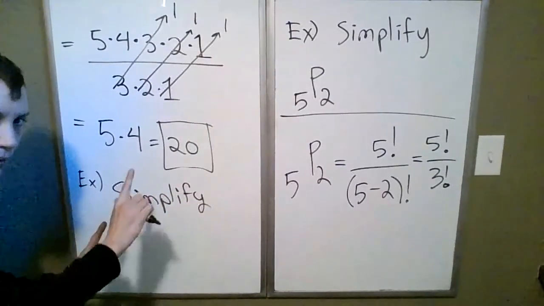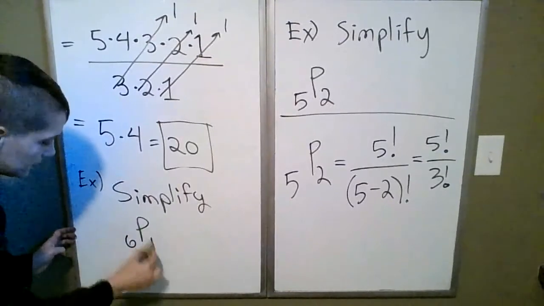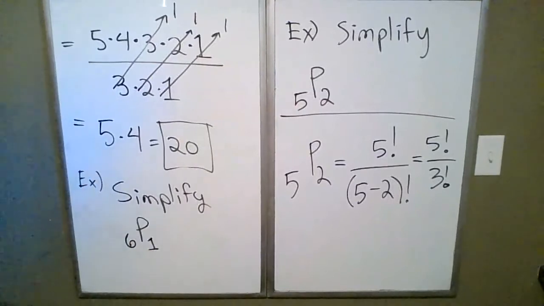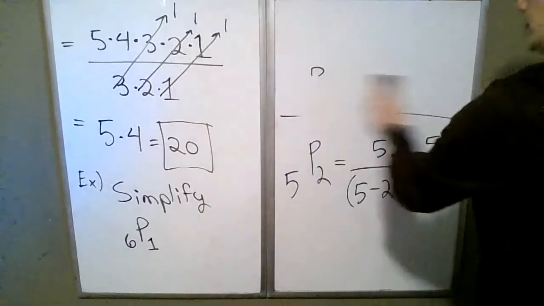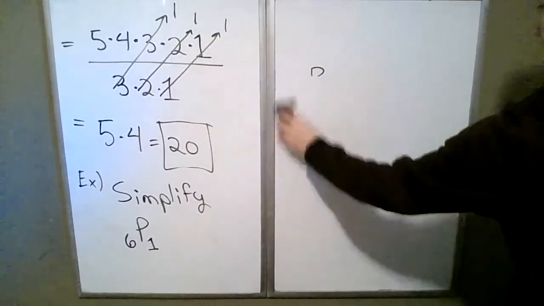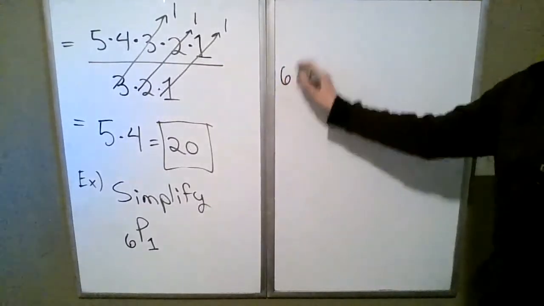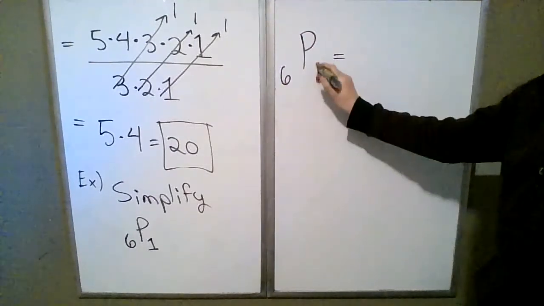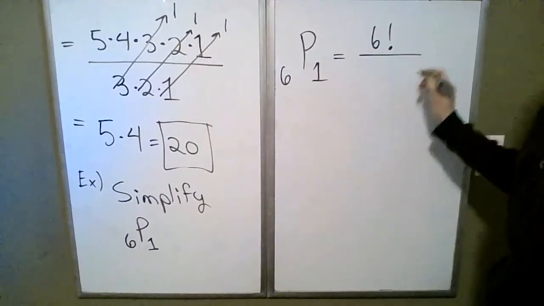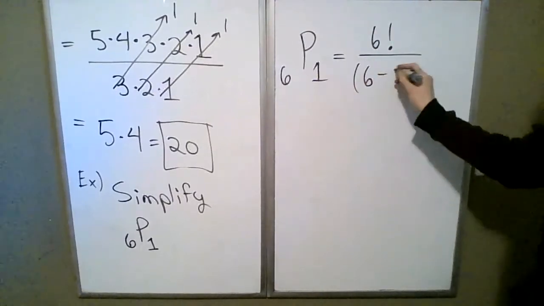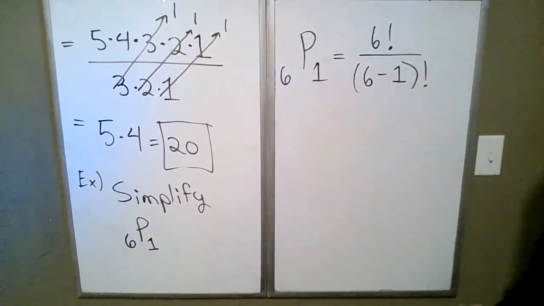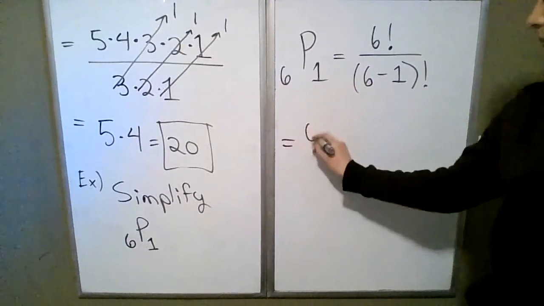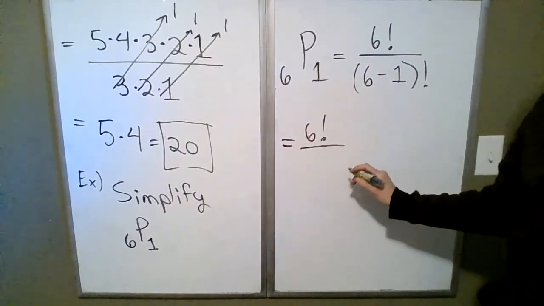Simplify 6 permute 1. Six, and then permute 1 would be 6 factorial, divided by 6 minus 1. That's 6 factorial over 5 factorial.